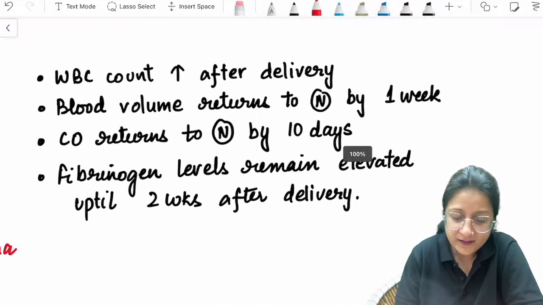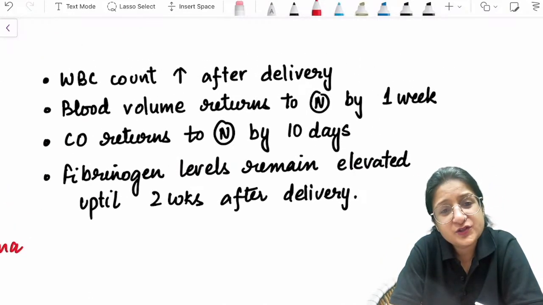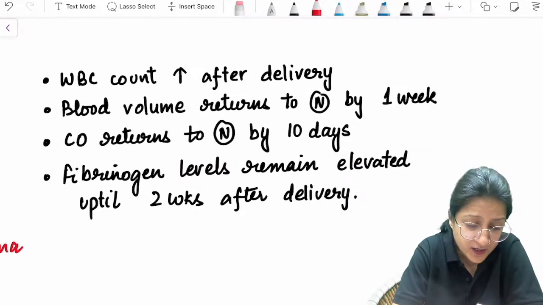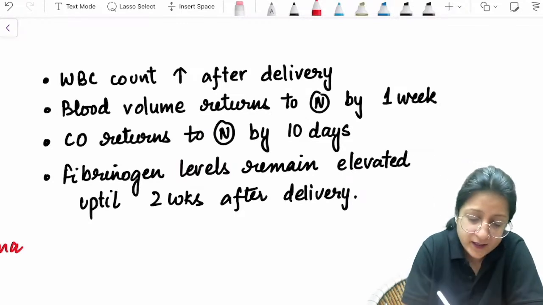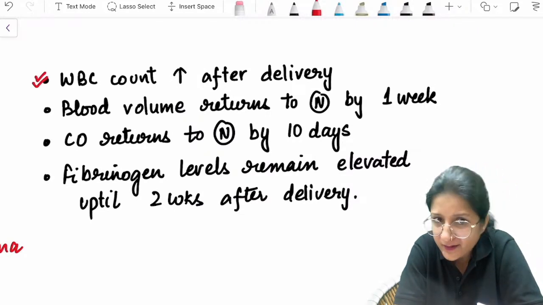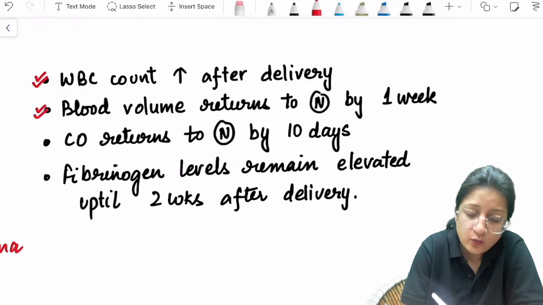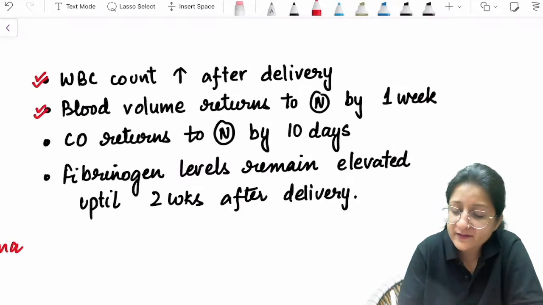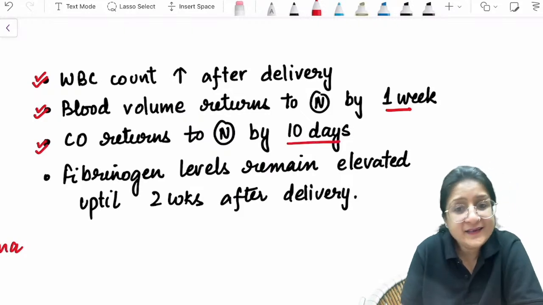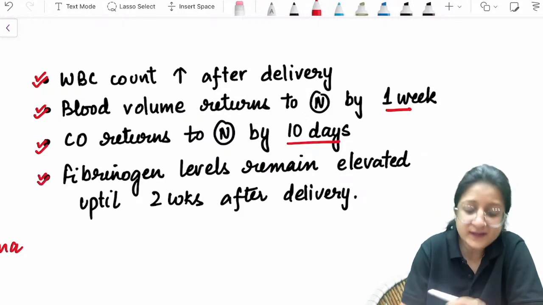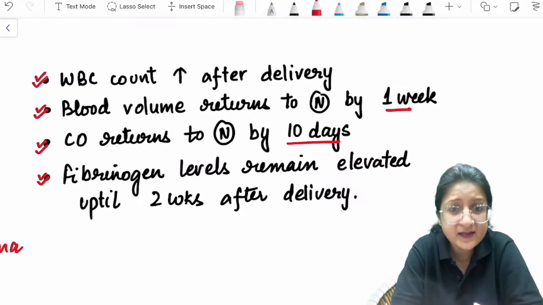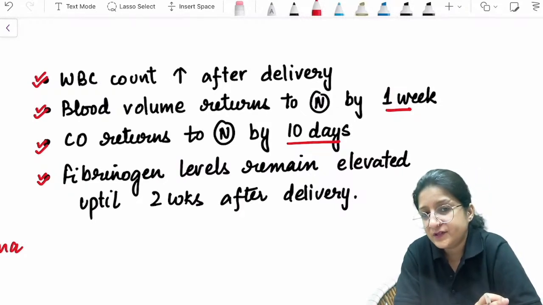Now, other important pointers for MCQ questions. These are the important changes that we need to keep in mind around which questions can be asked, right? So the WBC count also increases after delivery. Keep that in mind. The blood volume will return to normal by 1 week. The cardiac output will return to normal by 10 days. And the fibrinogen levels, which were raised during pregnancy, will also remain elevated up till at least 2 weeks after delivery.